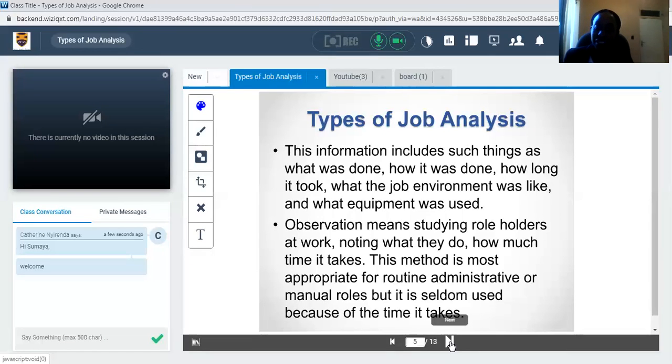So basically, observation means studying role holders at work, noting what they do and how much time it takes. For example, if you're trying to observe a lecture, you take note of the periods, the hourly sessions that lectures take.